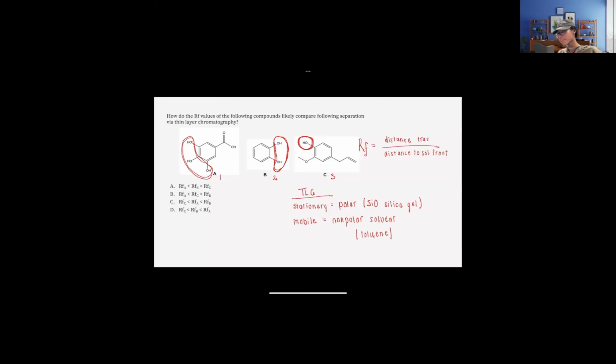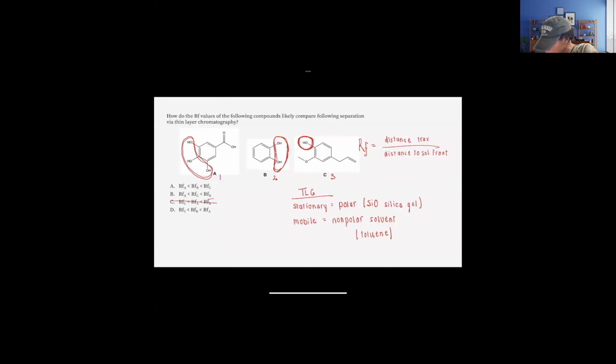And therefore, if this is our least polar molecule, we're going to expect that to be the molecule that will have the lowest RF value.